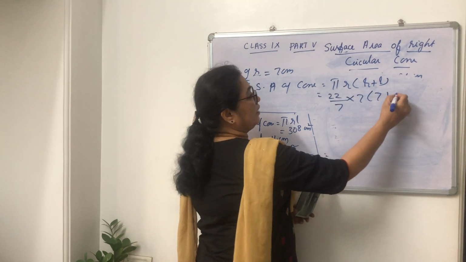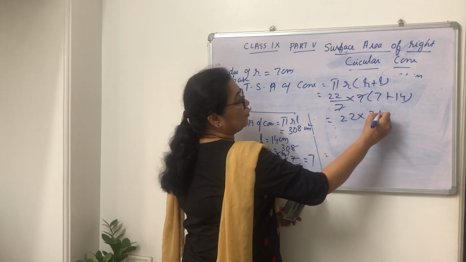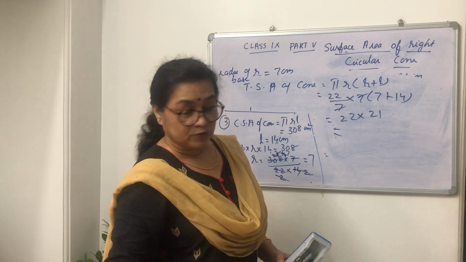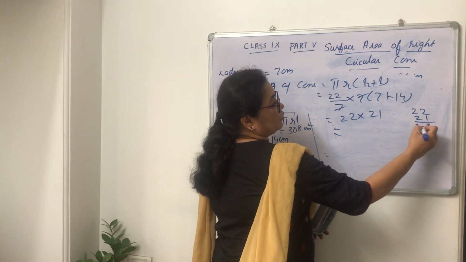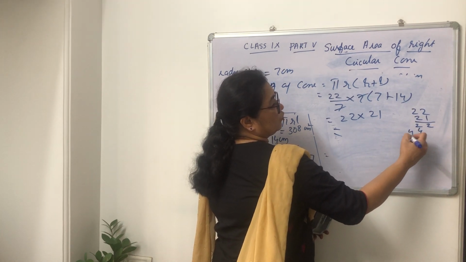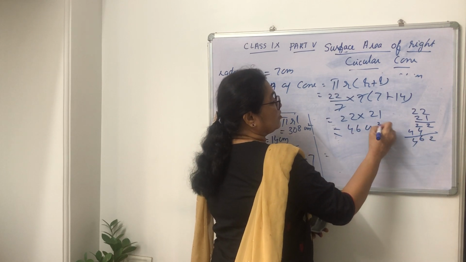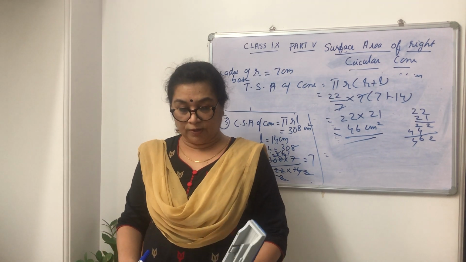L is 14. 7 and 7 cancel. 22 into 21 you have to find out. 462 centimeters squared is the total surface area of the cone.